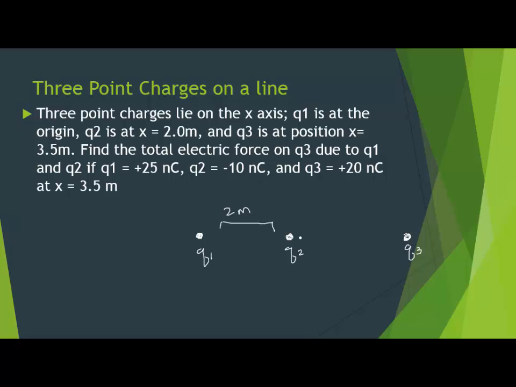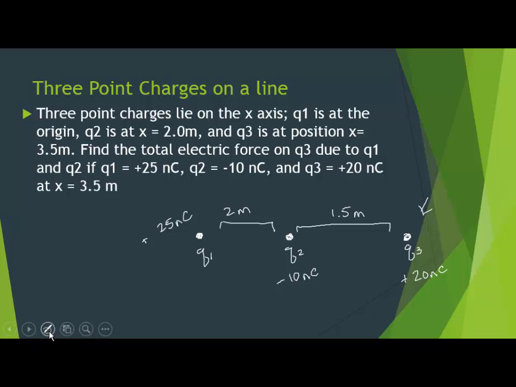Now the distance from here to here is not 3.5, it's 1.5. I drew that a little too big, not drawn to scale. So find the total electric force on Q3 due to Q1 and Q2. Q1 is 25 nanocoulombs positive, this one is negative 10 nanocoulombs, and this one is positive 20 nanocoulombs.